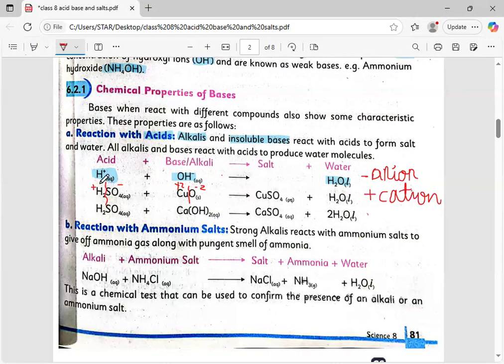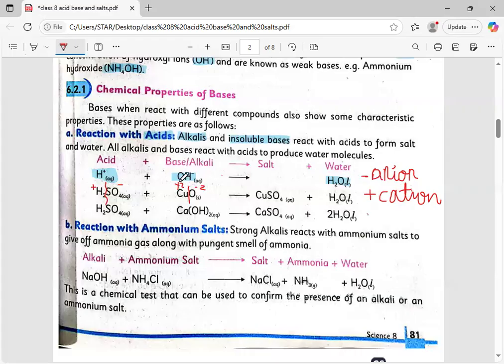So the cation of the acid reacts with the anion of the base. That means the positive cation of the acid reacts with the negative part of the base. Same, the negative anion of the acid reacts with the positive cation of the base.